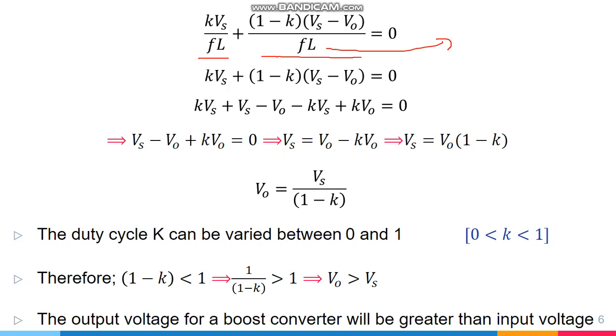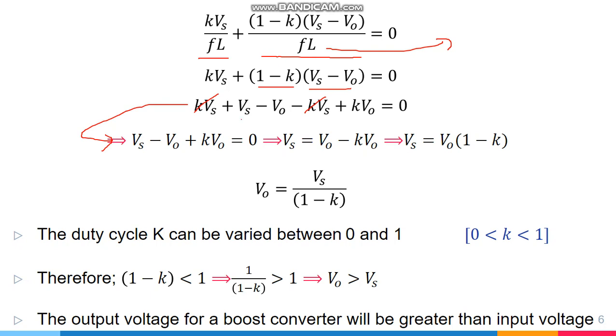KVS plus (1 minus K) into (Vs minus V naught) is equal to 0. Expanding: KVS plus Vs minus V naught minus KVS plus KV naught is equal to 0. In this expression, KVS and minus KVS will be eliminated.